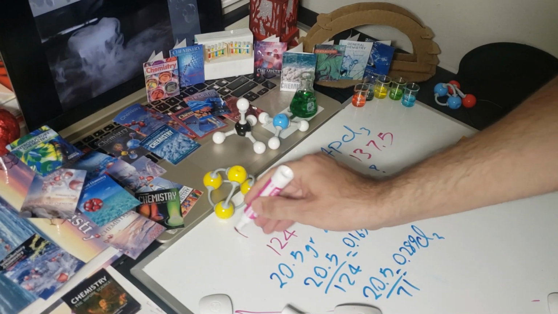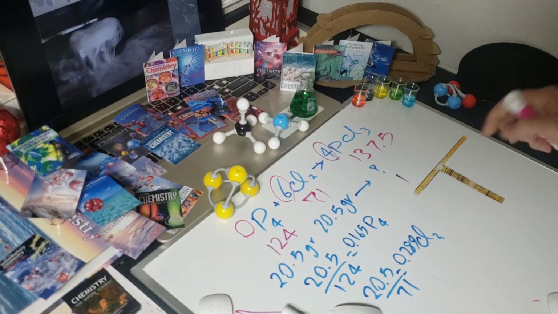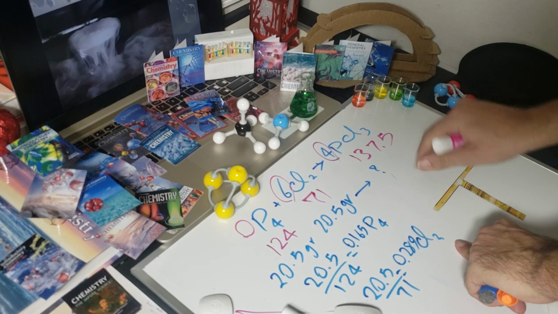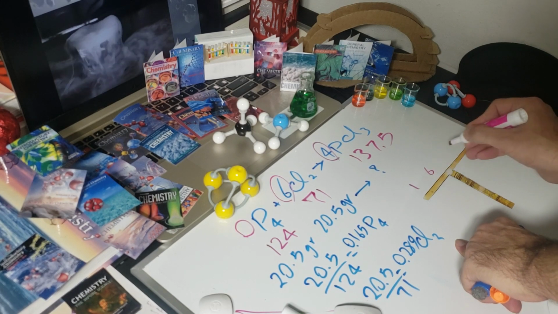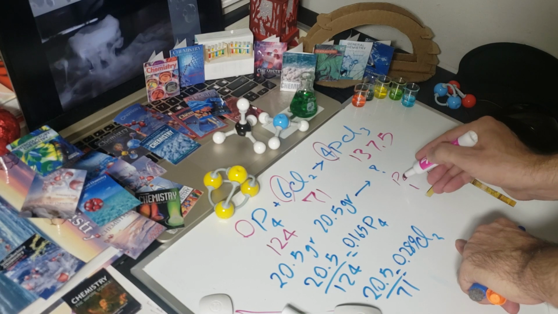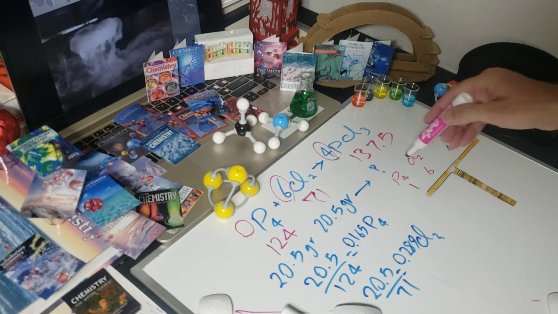Now the reference line is, if you have nothing, it's just 1, 6, 4. This is P4, this is Cl2, this is PCl3.